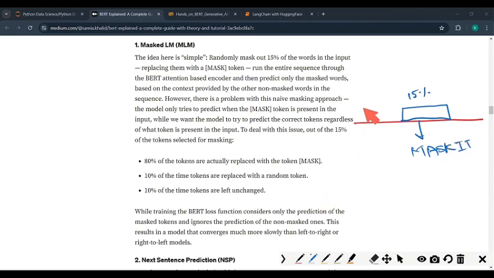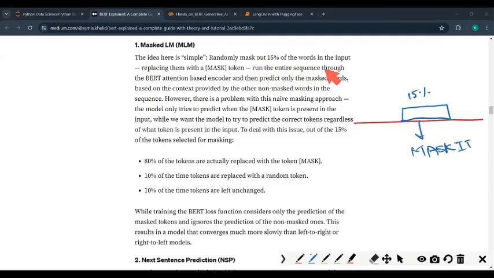And then tell BERT to predict this 15% mask. 15% of the entire statement could be 3 words, 4 words, 5 words depending on the statement. Then it is saying to try to predict that.